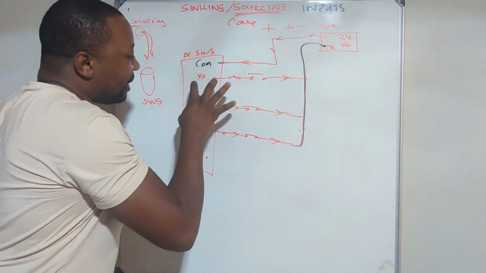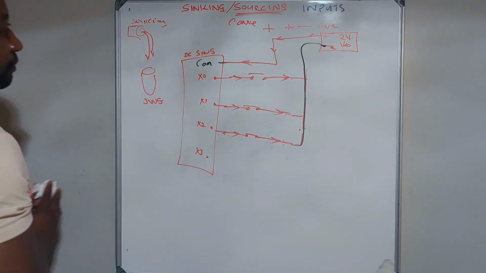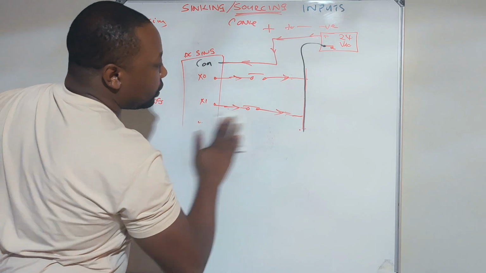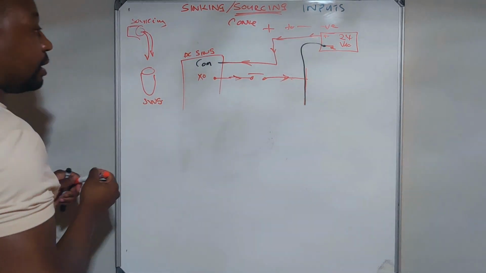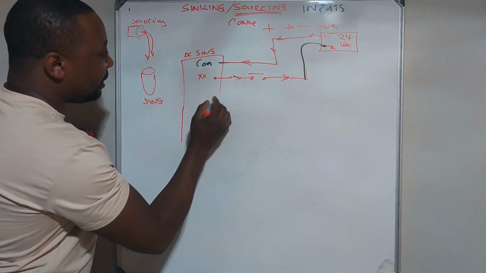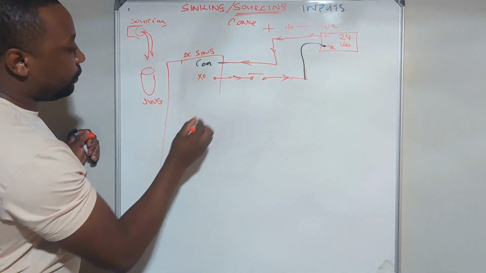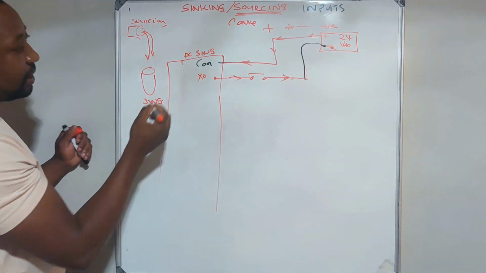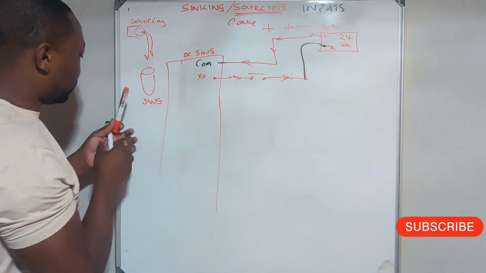But what is really happening in your PLC? It's basically simple. I'm just gonna try to rub half of it so that I can explain better. If you have a card like this, let's say we're doing the sourcing part.